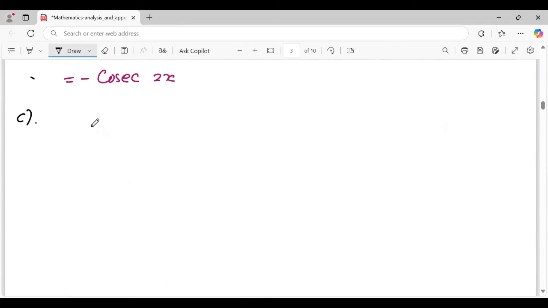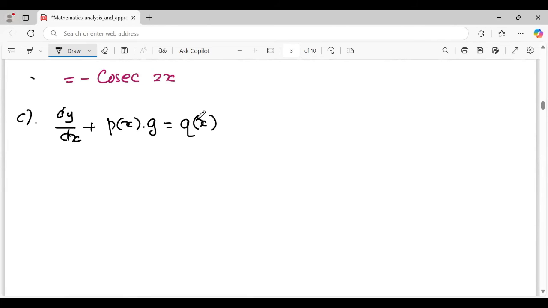Let's see. Integrating factor of a linear first order differential equation like this: dy/dx plus p(x) y equals q(x).